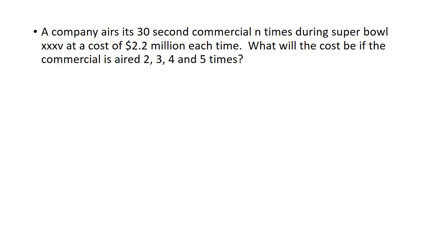Let's try this one. A company airs its 30-second commercial n times during a Super Bowl at a cost of $2.2 million each time. What will the cost be if the commercial is aired 2, 3, 4, and 5 times? So every time it is aired, it costs $2.2 million.